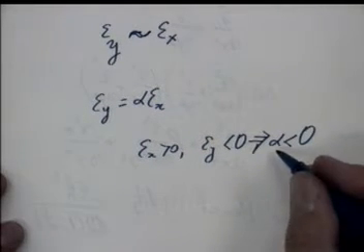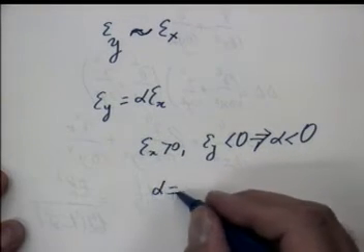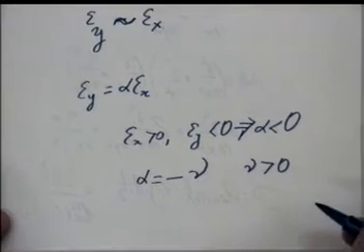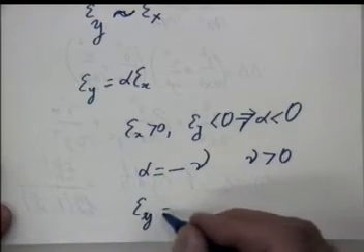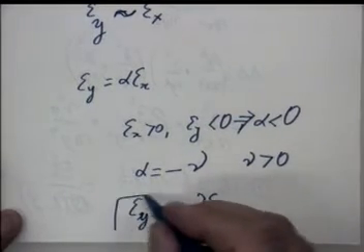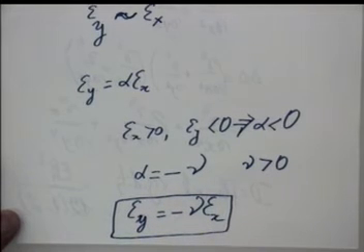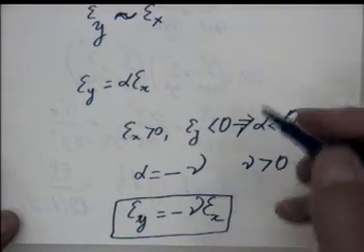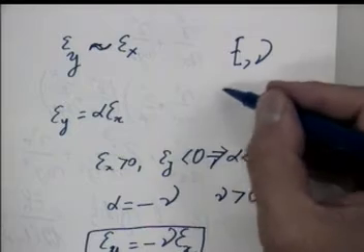So therefore, we don't want minuses, so to say. Therefore, alpha was denoted as minus nu, where nu is positive. So therefore, epsilon y equals minus nu epsilon x. Okay. So this is a material property. So E and nu are material properties.